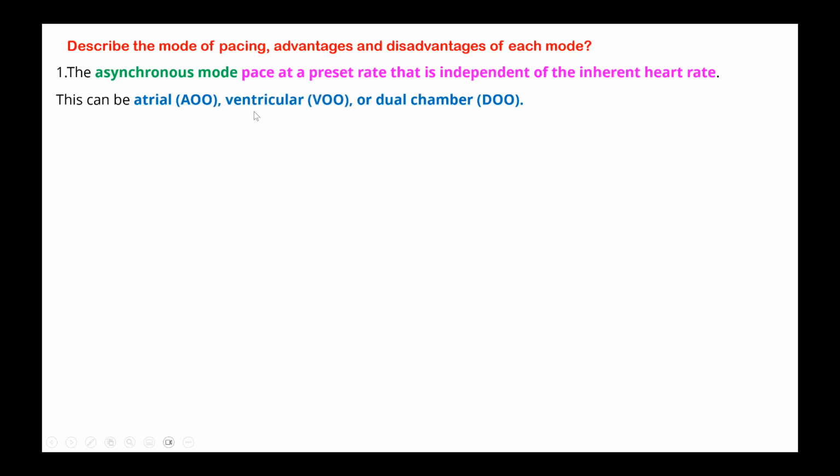This is described in AOO, VOO, and dual chamber DOO. And it carries the fear of potential complications due to competition. As I told you, if it is not able to sense the native contraction, it will clash with the native contraction. If it is not properly programmed, there is a potential complication of producing ventricular fibrillation.